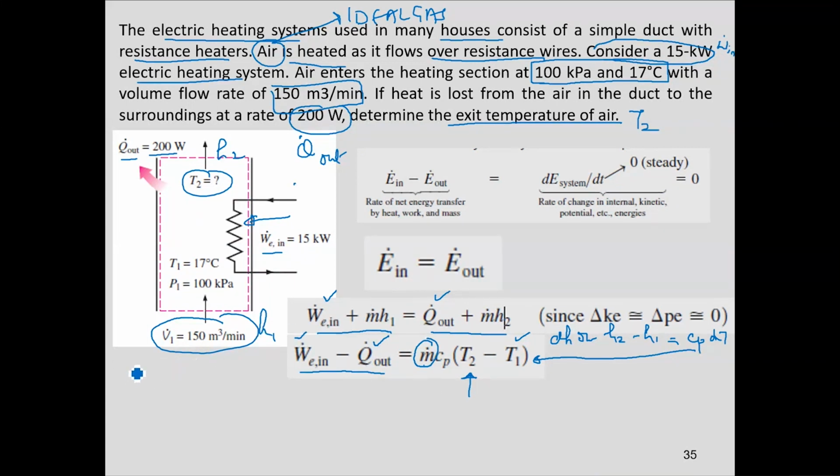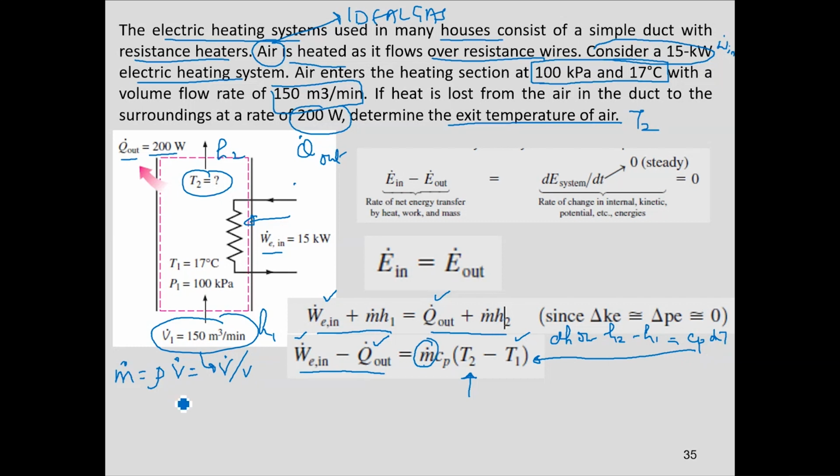Very good, very good. So the mass flow rate is essentially equal to density multiplied by the volume flow rate, or volume flow rate divided by the specific volume. Volume flow rate, as you know, is given to me.